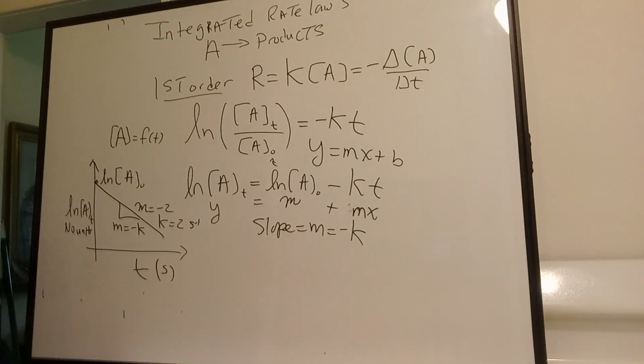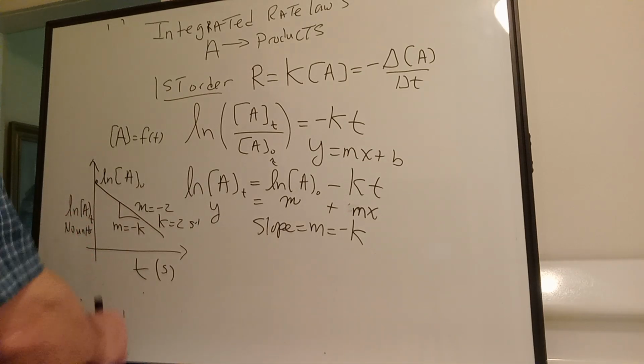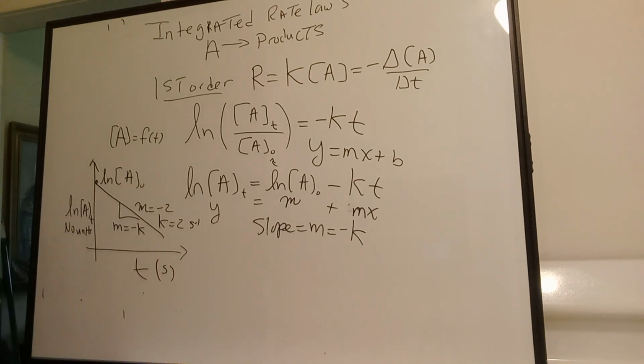The ln of A_t over A_0 will have no units. On the other hand, this will carry units of time, typically seconds, sometimes minutes, what have you. These are great forms. There is another form that's convenient.